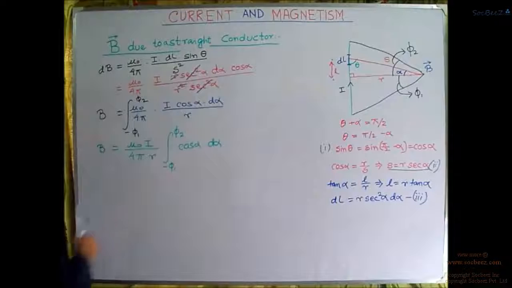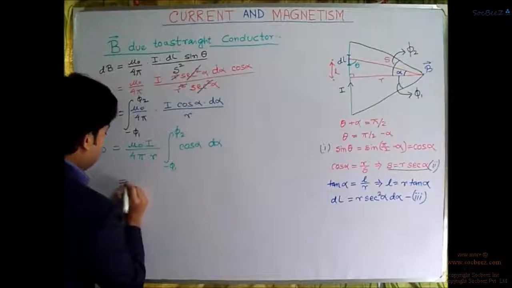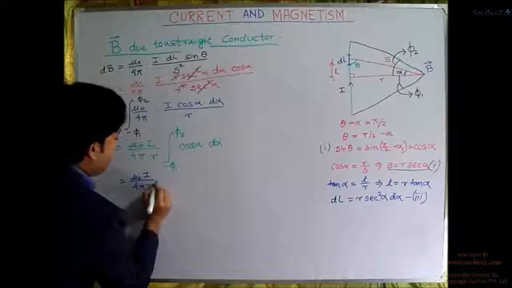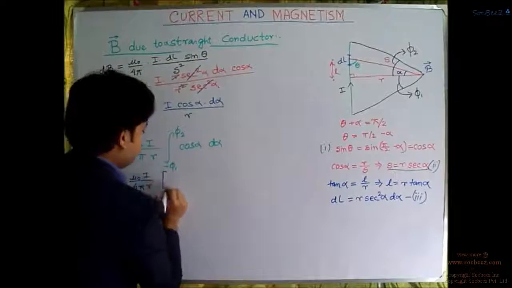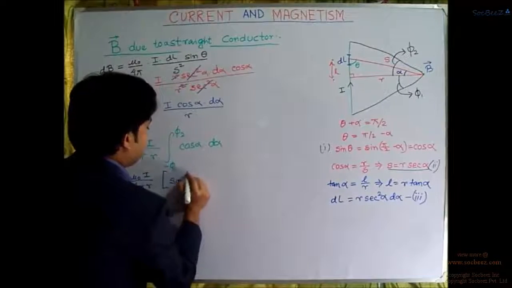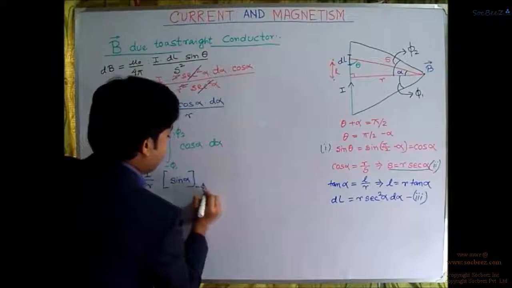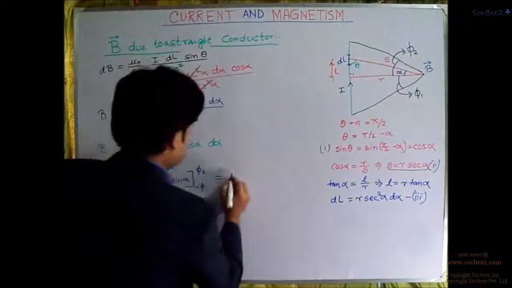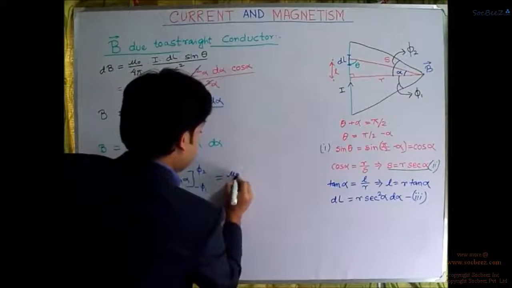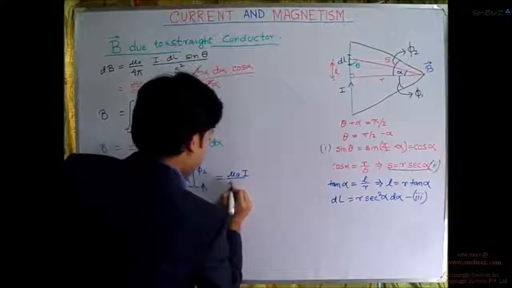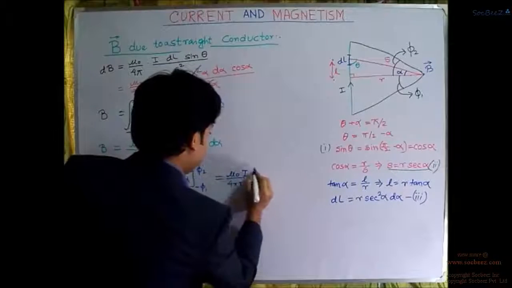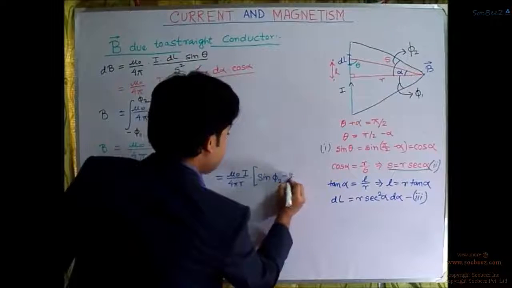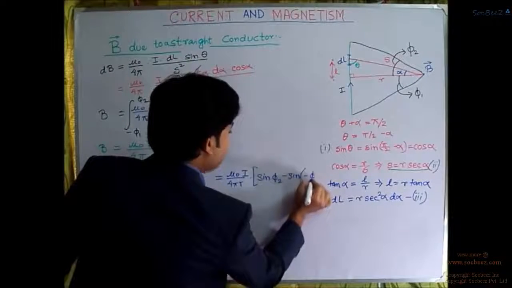So we can write this expression as mu naught I divided by 4 pi R multiplied by sine alpha integrated from minus phi 1 to phi 2, which will come out to be mu naught I divided by 4 pi r multiplied by sine of phi 2 minus sine of minus phi 1.